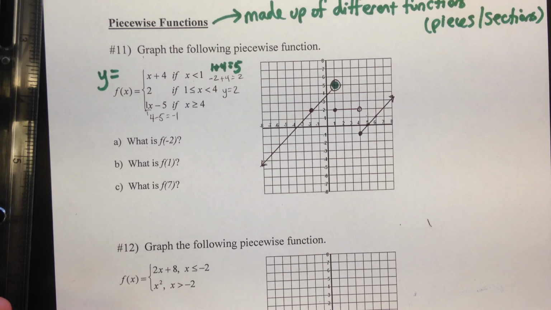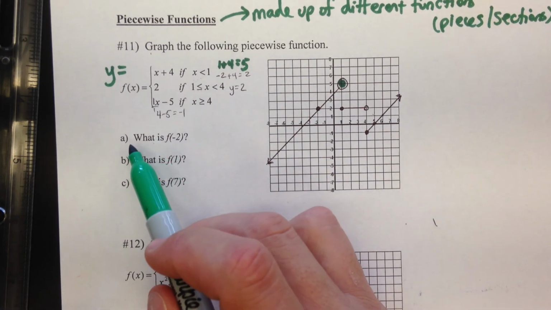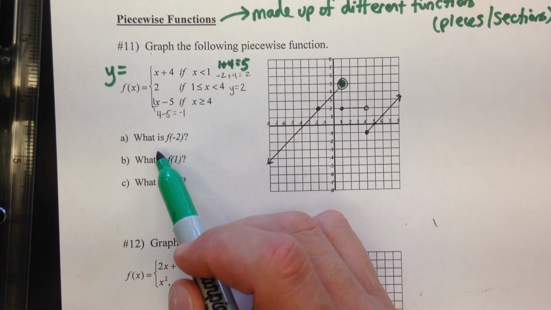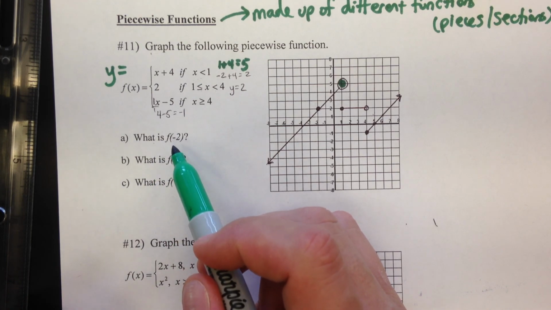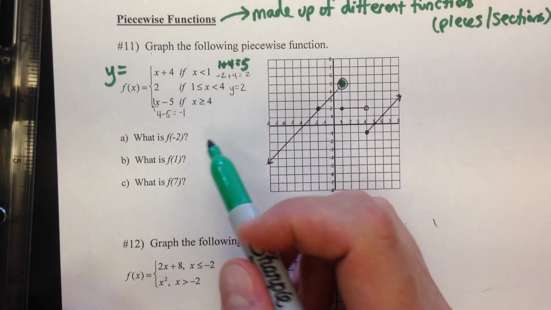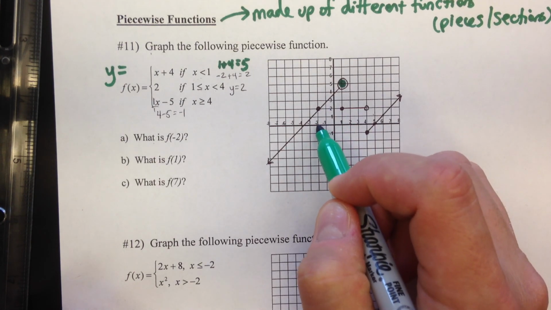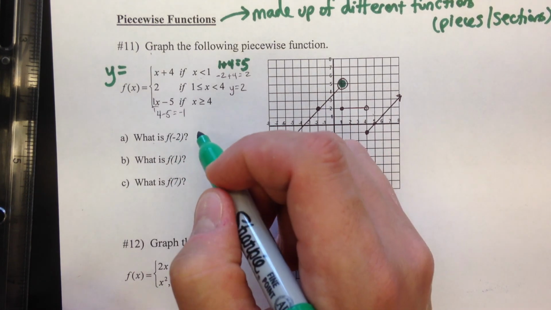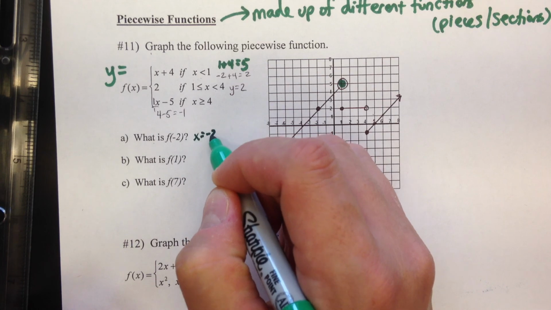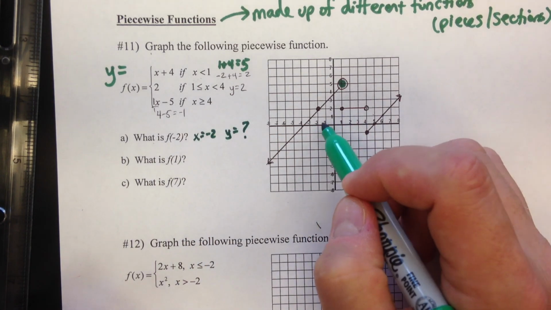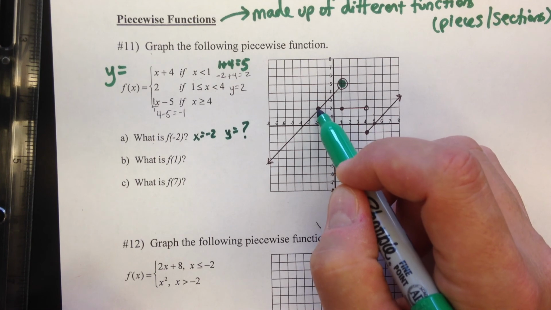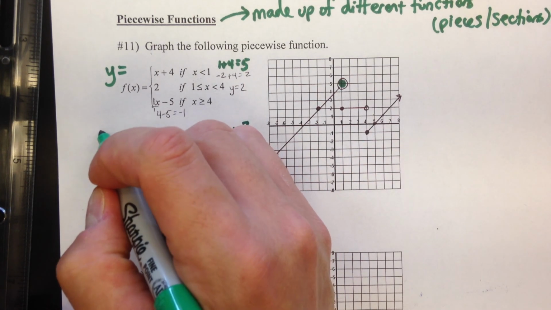Okay, so if I'm not sure what it looks like, I can definitely use the calculator. Now, the next part of this, we want to answer question part A, part B, part C. What is f of -2? Well, if I've drawn this accurately, I can go to x equals -2, because that's what they're asking. They're saying x equals -2, y equals what? When x is -2, the y value is +2.